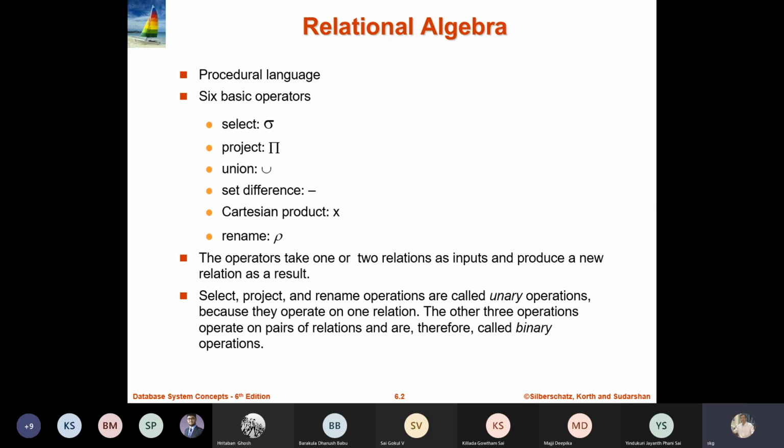The operations take one or more relations, or tables, as input and produce another relation. Select, project, and rename are called unary operations because they operate on one relation, whereas the other three are binary operations; they work on two relations.